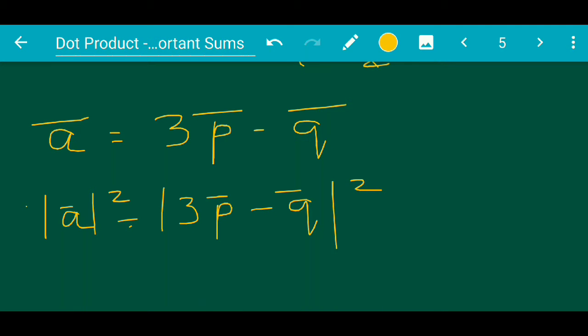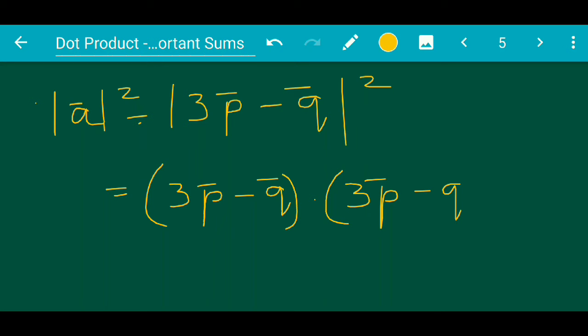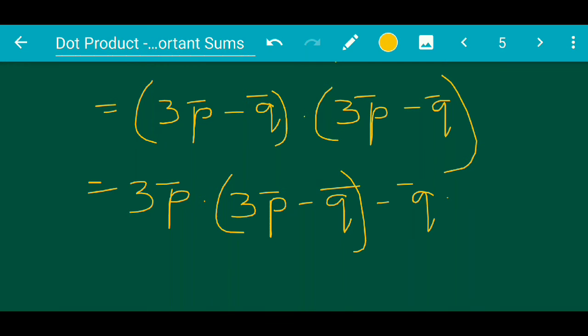This can be written as 3p minus q dot 3p minus q. Solving further, 3p dot 3p minus q, minus q dot 3p minus q.